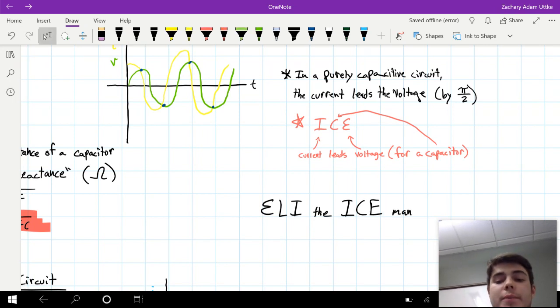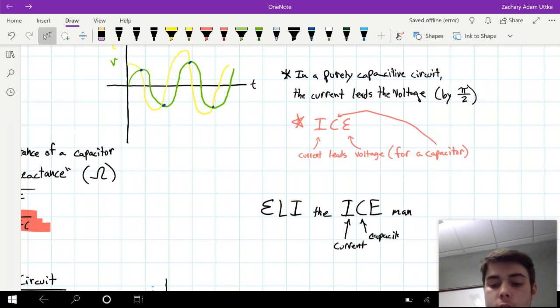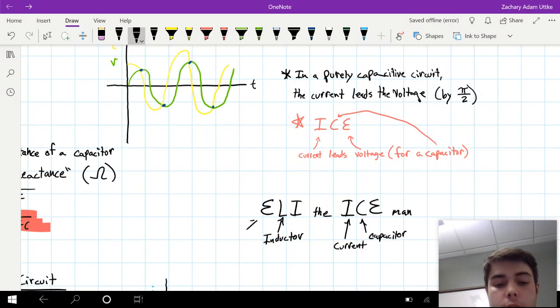So if you remember Eli the Iceman, you'll be able to answer this correctly. So I is going to stand for current, C capacitor. Yeah, let's draw this a little better. L for inductor, and the E for voltage.